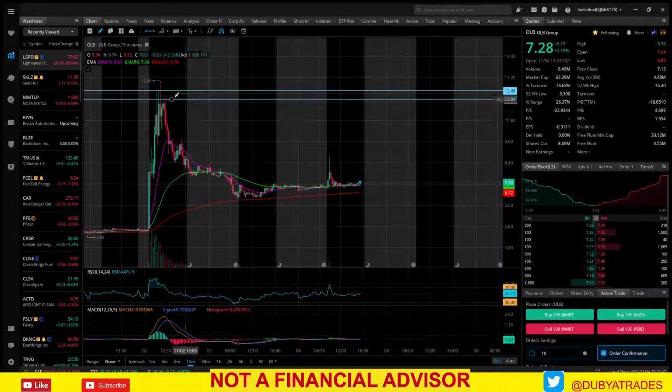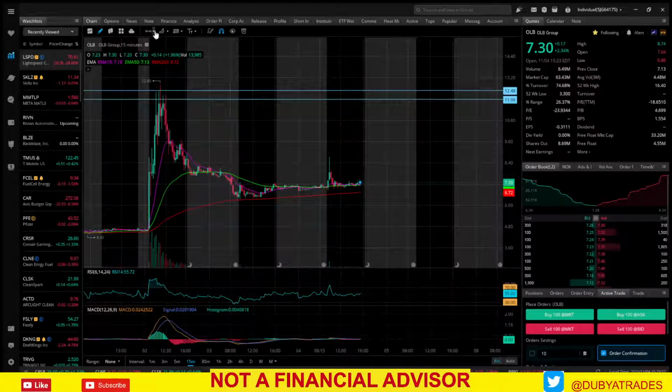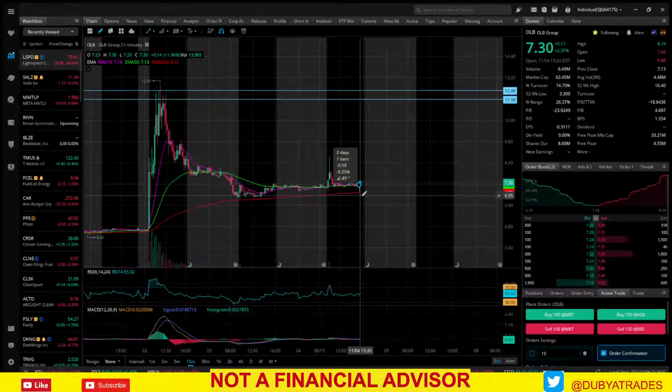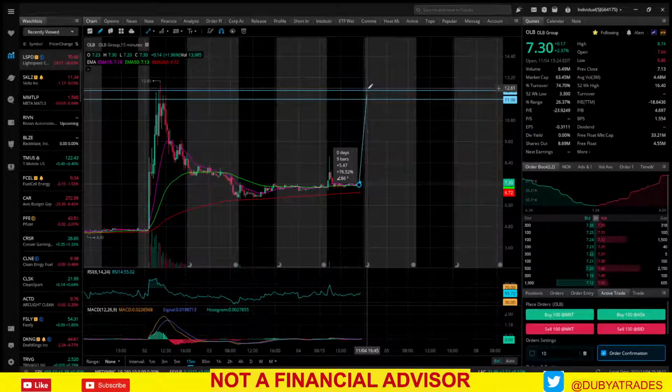Let's say it just rallies to the recent highs. So if we go, I don't know what in the world I've done there. So if it drops below the 200, you're risking 8%, or 59 cents, I think is what it said, versus if it rallies back to recent highs, you're looking at 76%.